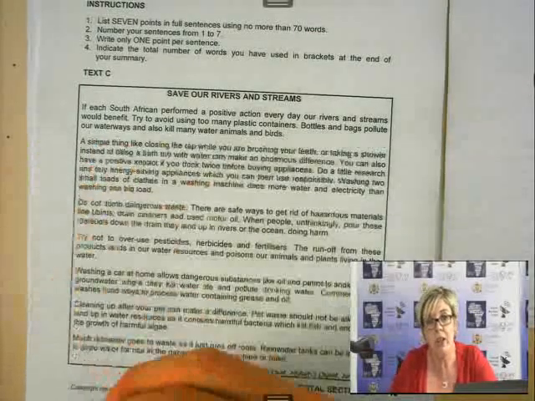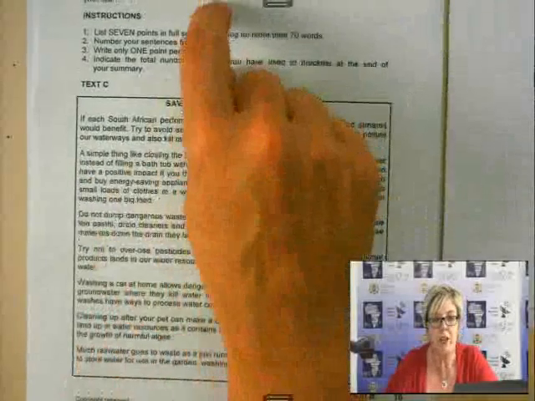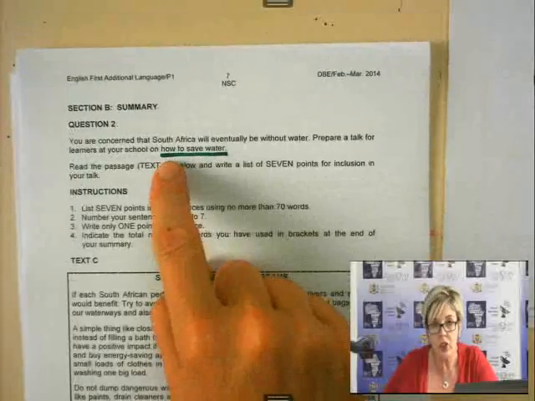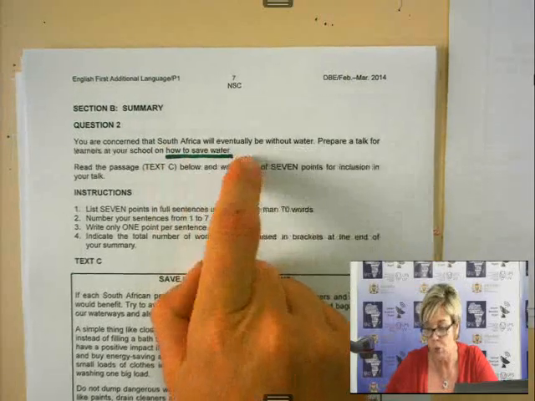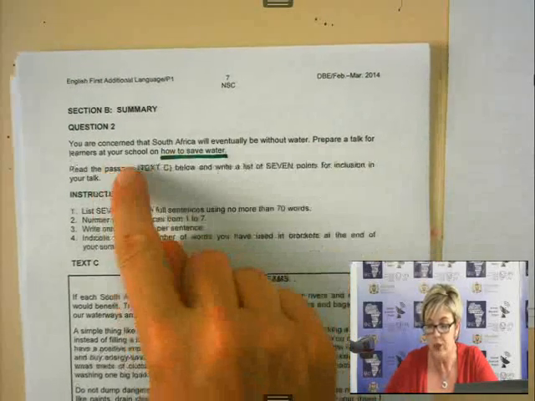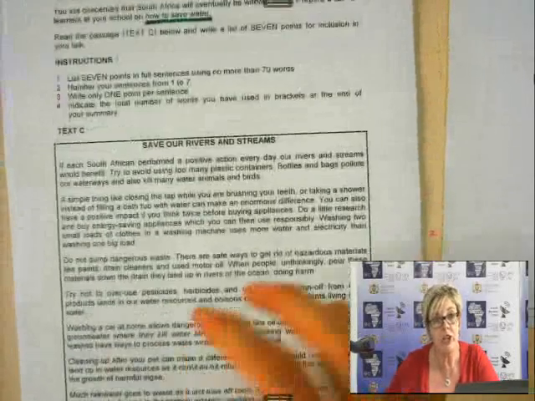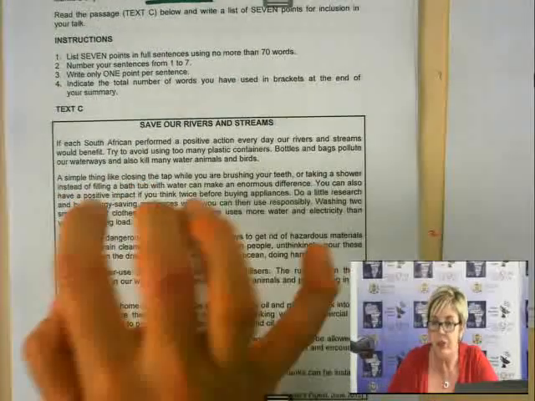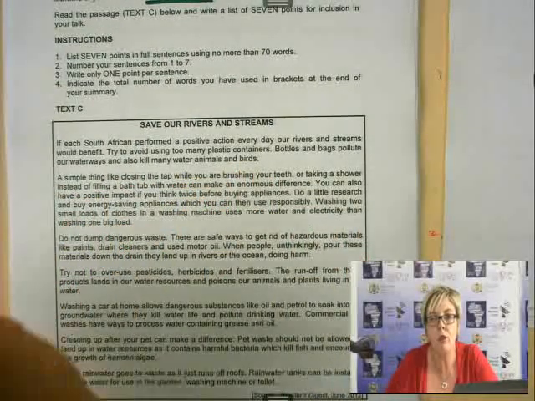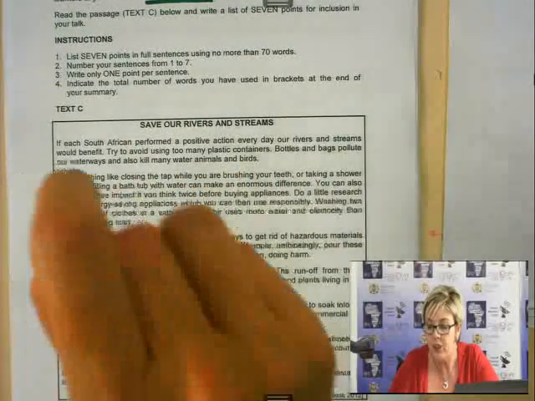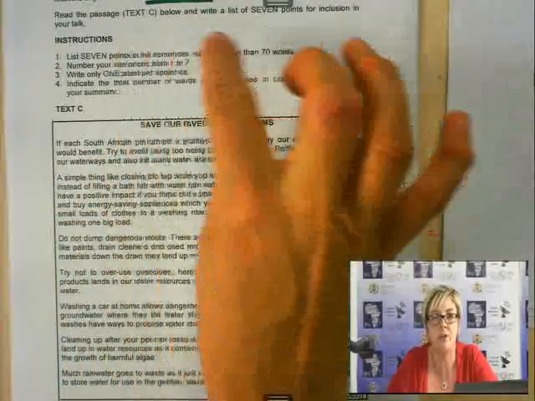Then, after you've read it once, you go back and you remember, we said the question is how to save water. Prepare a talk for learners at your school on how to save water. So then you're going to read it again. And as you read now, you look for any information that answers the question how to save water.